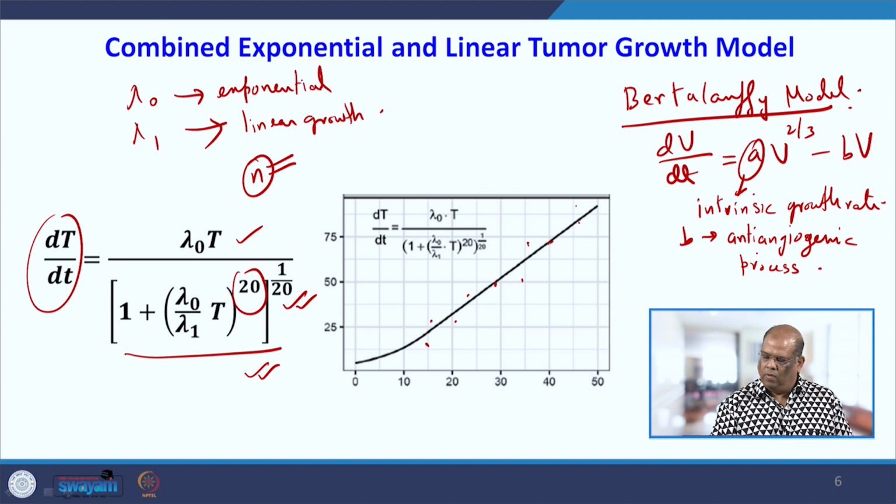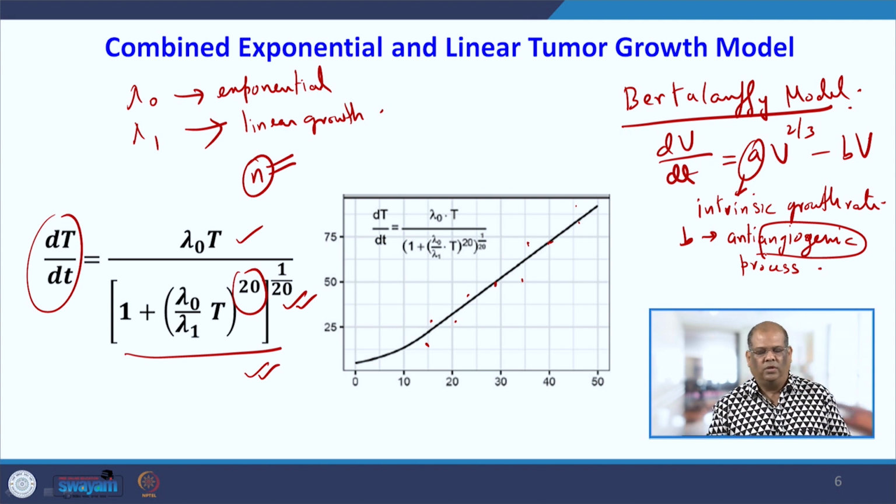Now, what is the angiogenic process? As you have seen in the video, the aim of the tumor is to connect with the blood vessels. Either they grow their own, which is called angiogenesis, or the cells try to go and connect with the blood vessels of the body, so that they can circulate the malignant tumor cells throughout the body, and that is how a person gets infected very fast.